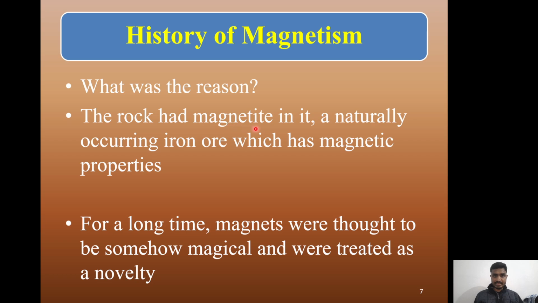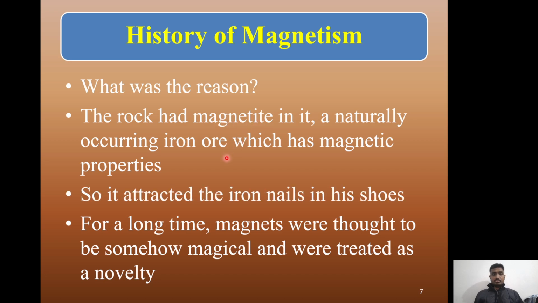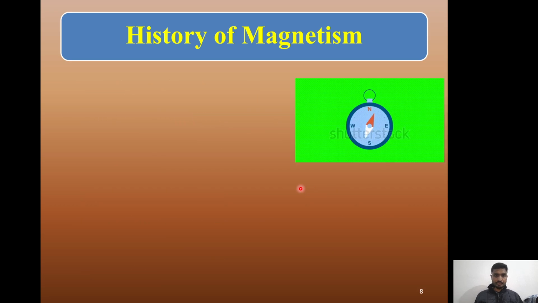So, this magnetite is actually a naturally occurring magnet. Whenever the shepherd would pass by and stand on the rock, the shoes had some metal tips. So, those metal tips would actually attract with this magnetite material. So, this attracted the iron nails to his shoes.